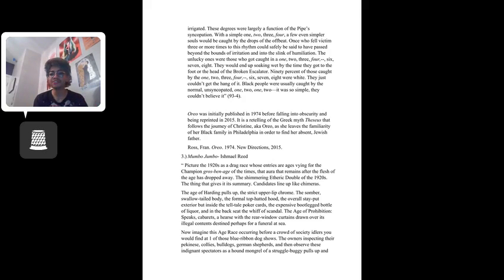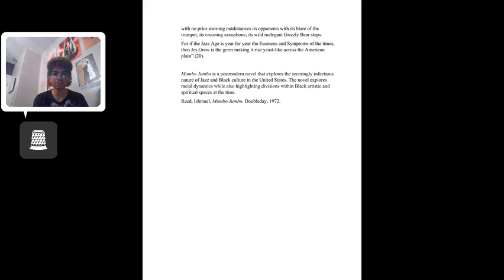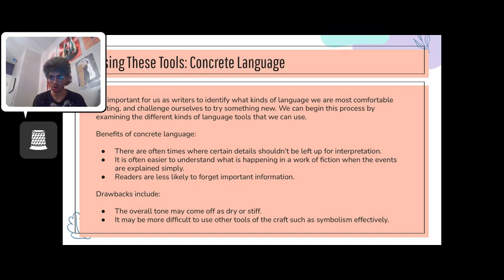And I want to emphasize that none of these excerpts are better or worse than the other. They're all in three published novels that I greatly enjoy, and they all use these tools differently. It's important to recognize that that's what these things are. So when you're using concrete language, some of the benefits come because sometimes you don't want to leave things up for interpretation.